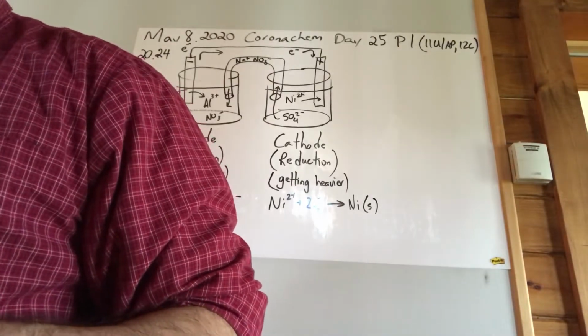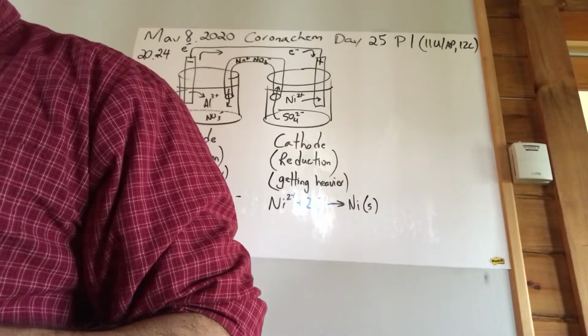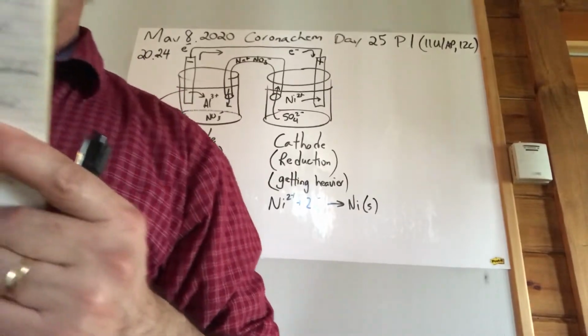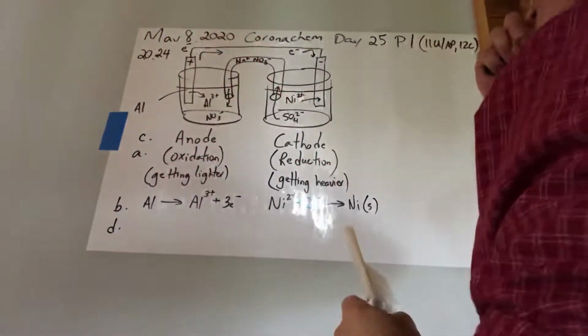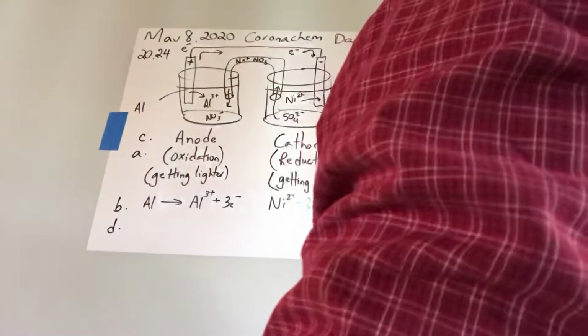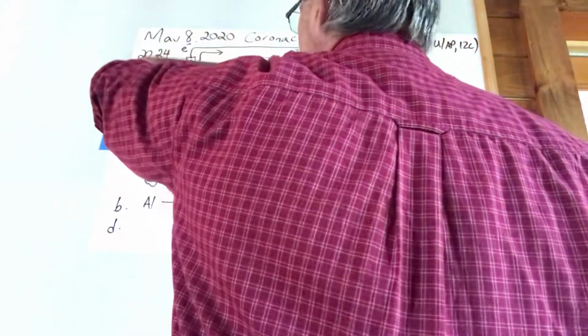D. Cathode is negative and the anode is positive. Anode is positive. I had it backwards, just as I thought. Okay, there we go. So what's going on is electrons are leaving here.